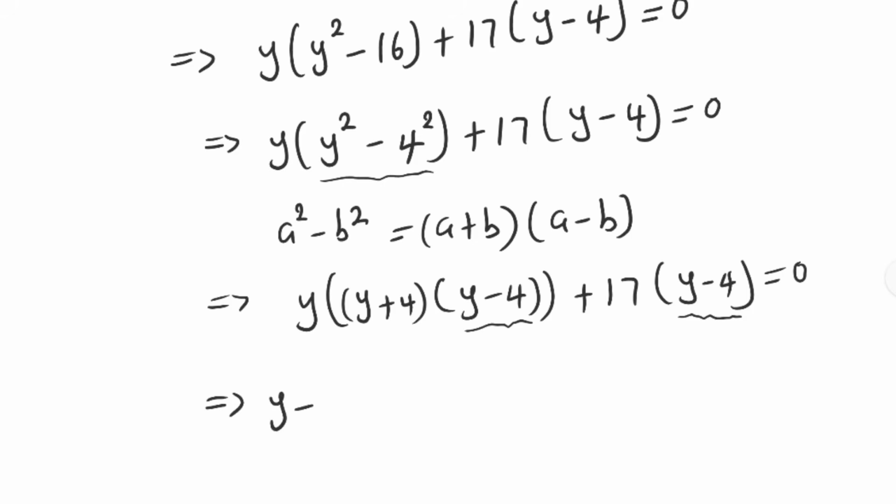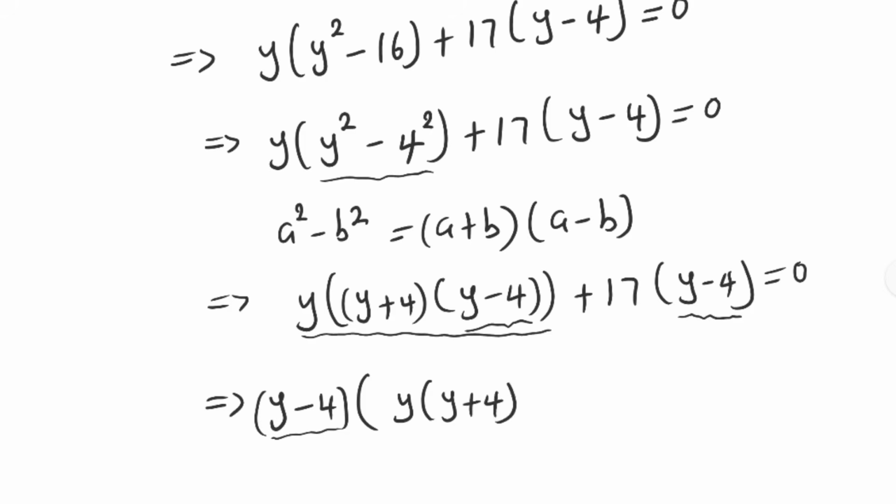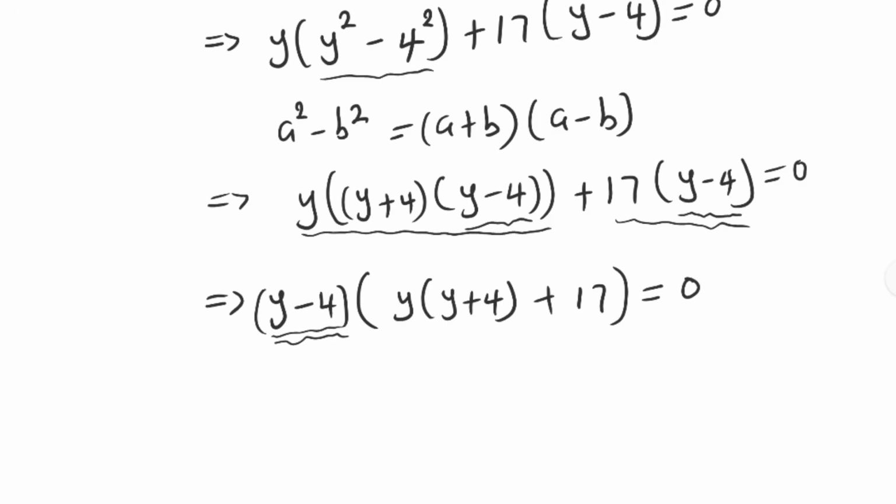We have y minus 4 bracket. If you divide the whole of this by this y minus 4, we have y bracket y plus 4 bracket, then plus, if you divide the whole of this by y minus 4 here, we have 17 bracket is equal to 0. This is y minus 4 bracket.